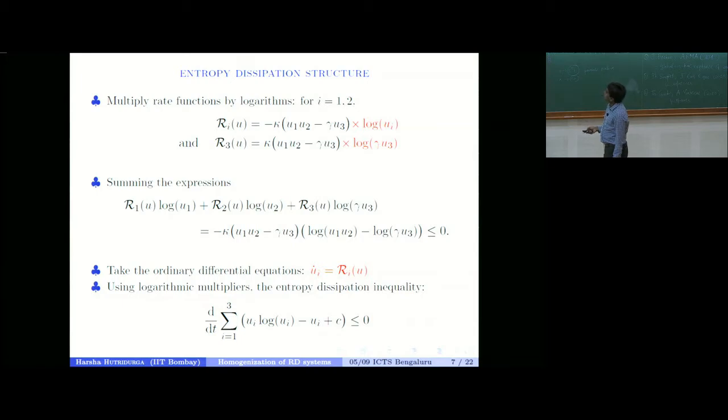So this is like a Lyapunov functional, and you can think of this as the entropy associated with this ODE system with no diffusion. There is this entropy dissipation, so just keep this in mind. There is some functional you can define on the solutions of this system which decays with time.